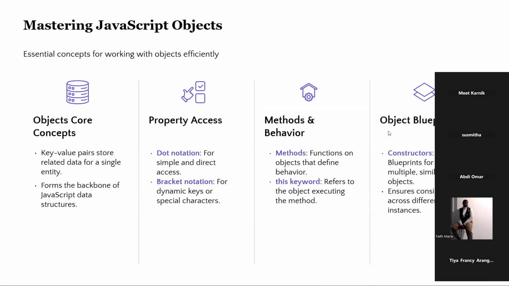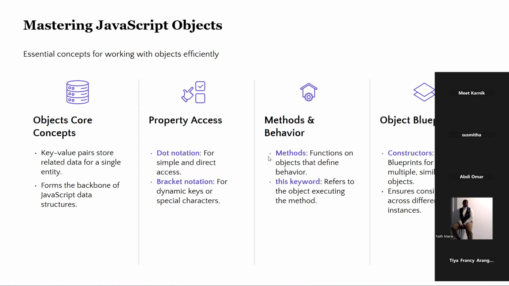So to wrap up this presentation, here are the main ideas I want you to remember. The first thing to remember is that objects use key value pairs to store related data about a single thing. Second, you can access properties using dot notation for simple cases or bracket notation when the key is dynamic or contains special characters.